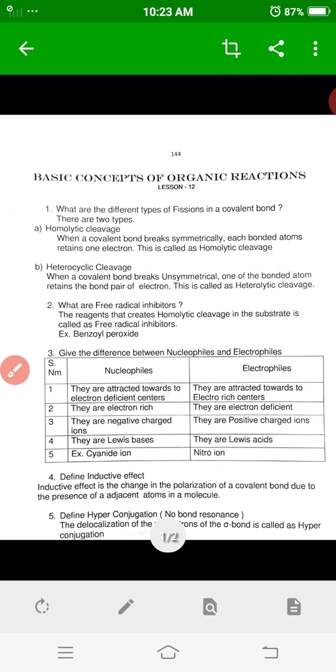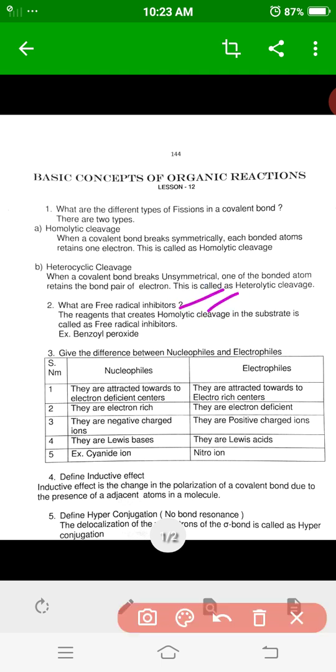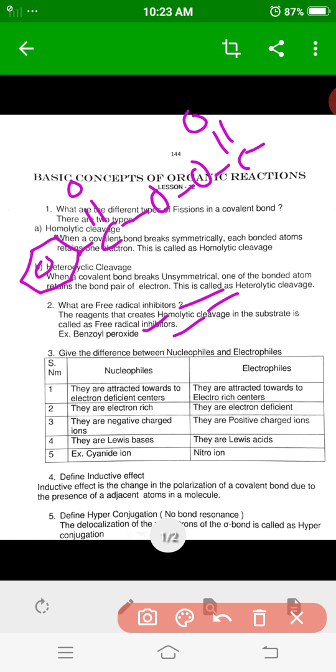Next, free radical initiator. The reagent that creates homolytic cleavage of the substrate is called a free radical initiator, for example benzoyl peroxide. Benzoyl is a benzene group attached to carbon double bond O, and carbon double bond O and benzene.